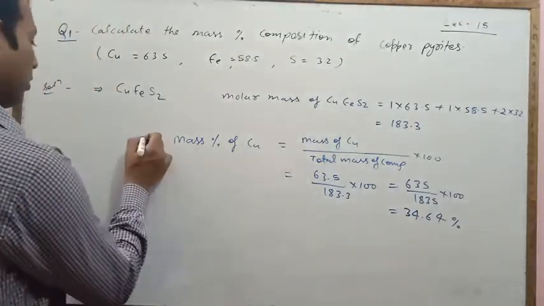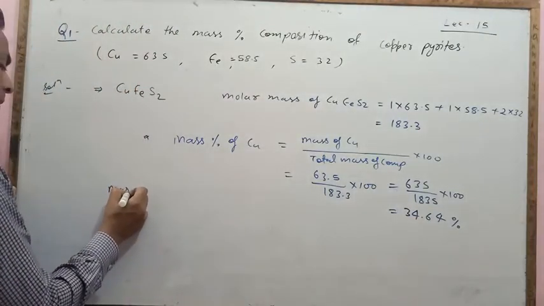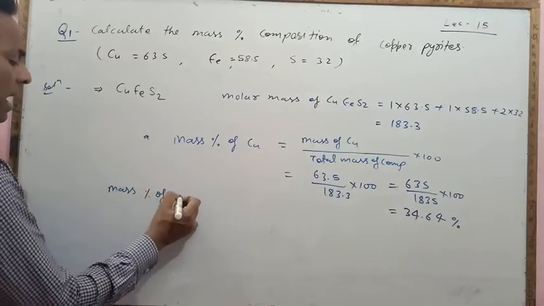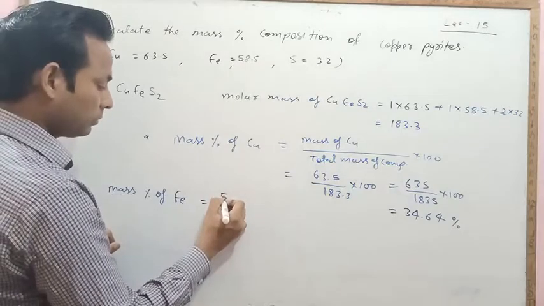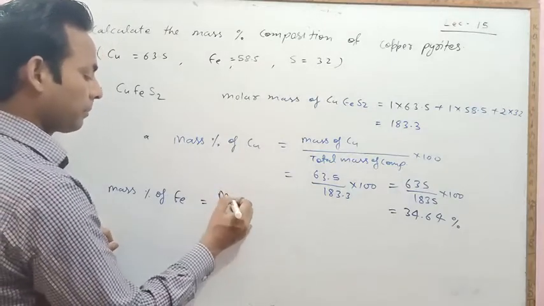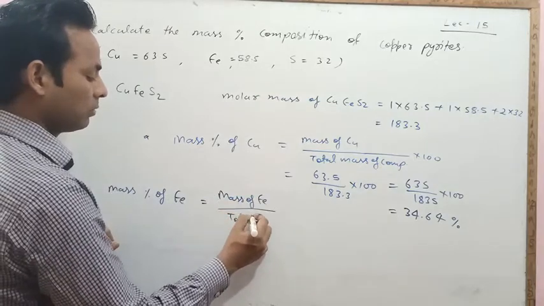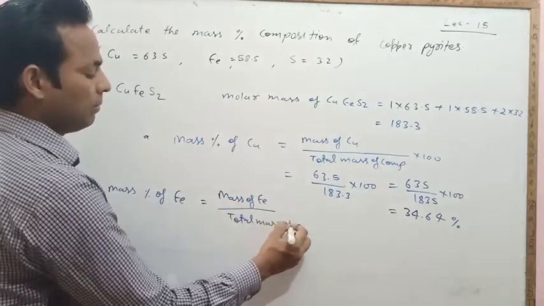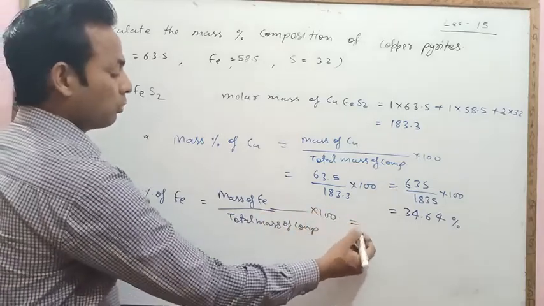Now this is the first. Now the second one, Fe. Same: mass percentage of iron equals mass of iron upon total mass of compound, same formula, into 100. So put the value.